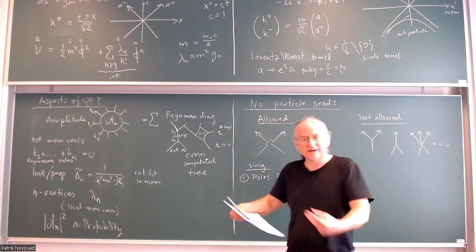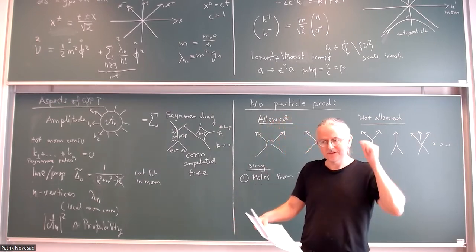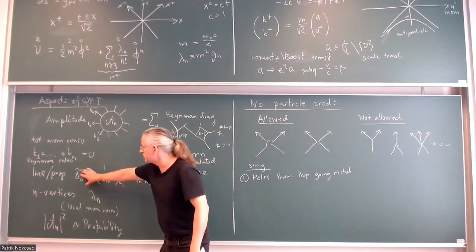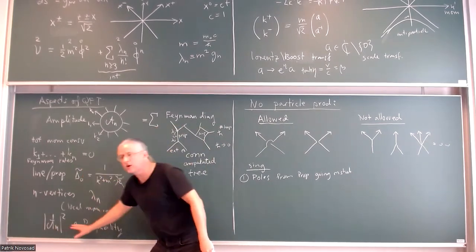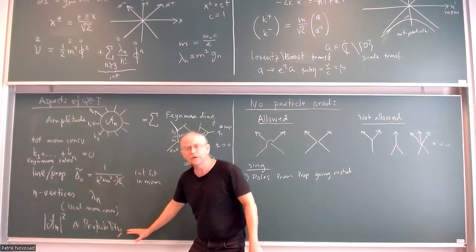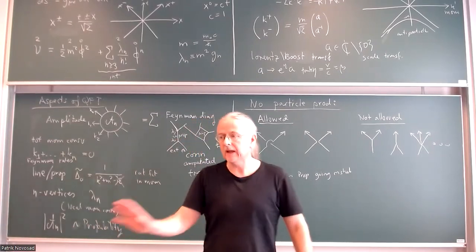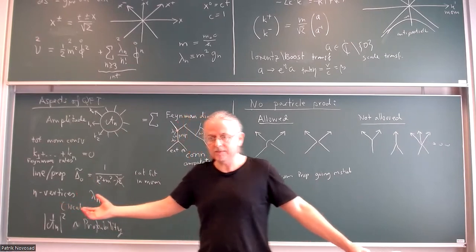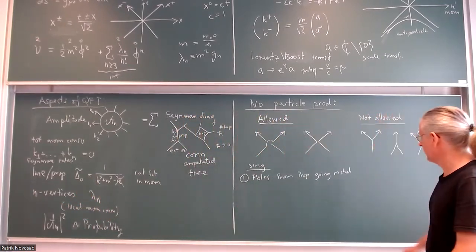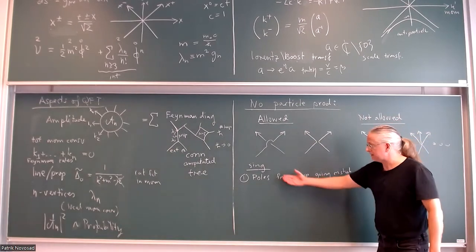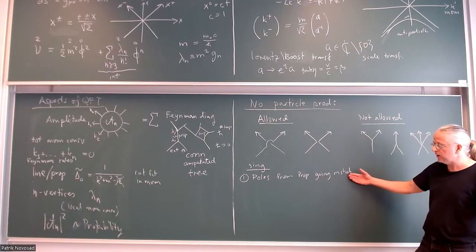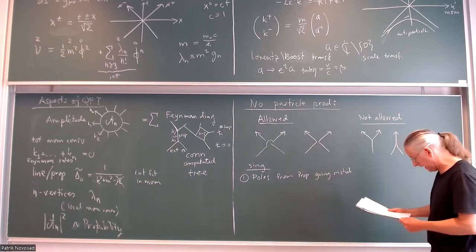When this becomes 0, this becomes big, which means the amplitude becomes big. The probability becomes big. It is something that will happen often. So we will be especially interested in singularities and poles from propagators going on shell. That's the only way these singularities can arise.